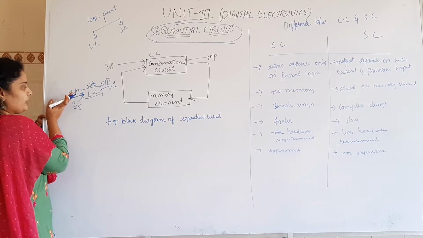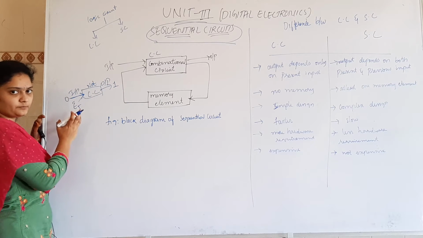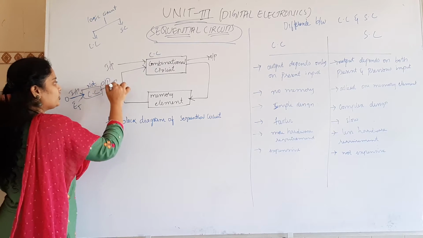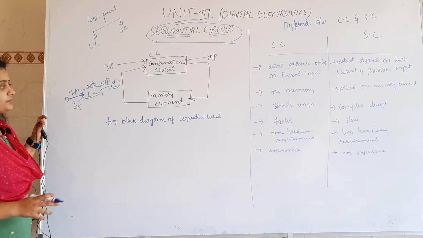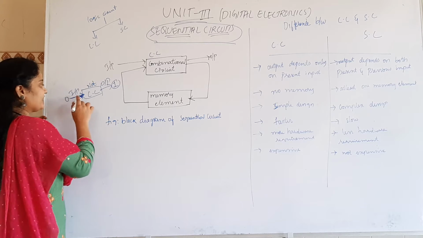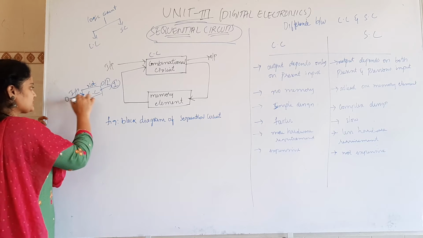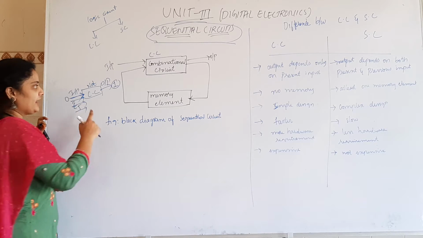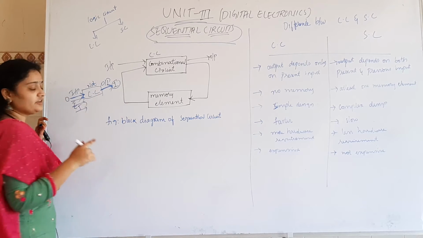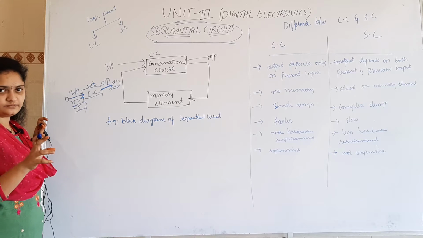Depending upon the present input you are giving, the output is processed in a combinational circuit. And remember one thing, if you have n number of inputs, it is going to select only one, upon which it is going to process. Only one output is going to be displayed.